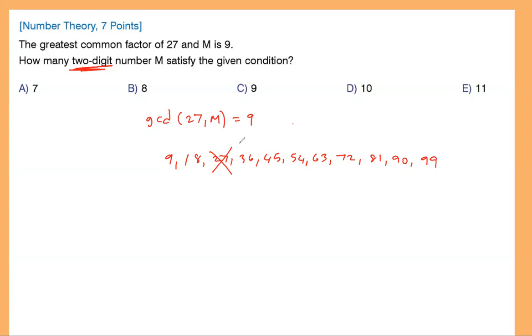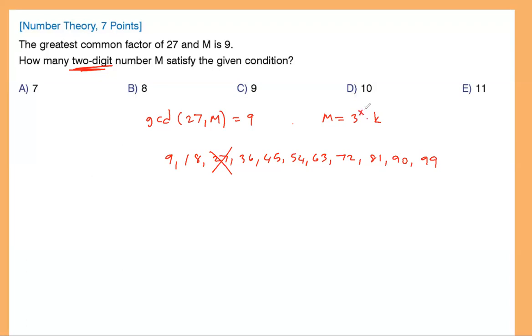But let's think about it a bit differently. We have the GCD of two numbers is 9. So we know that M should be a multiple of 9 for sure. I'm going to say 3 to some power times maybe something else. If the power x is 2, that will be 9.